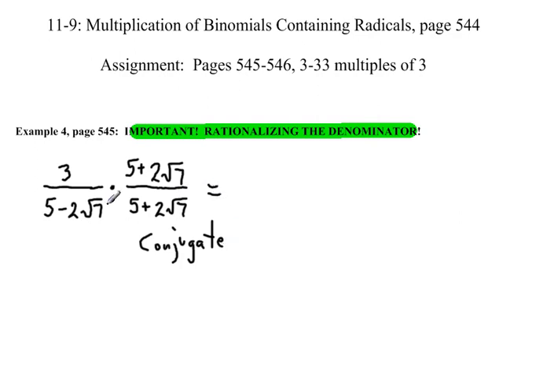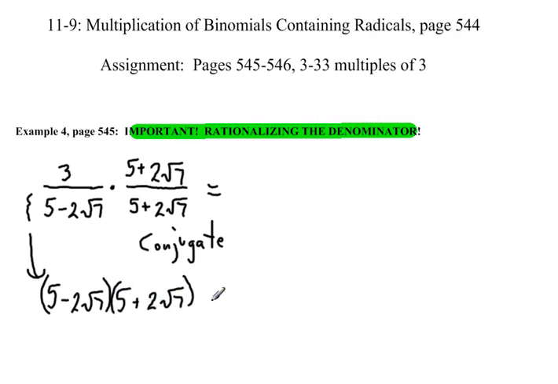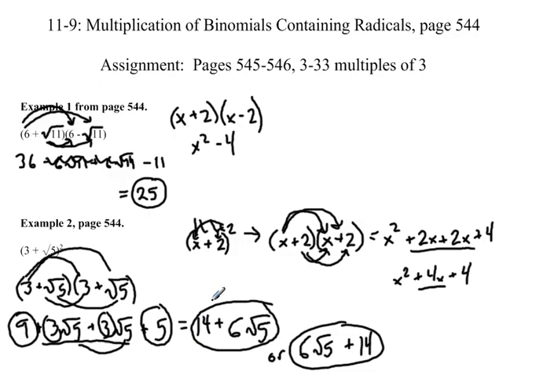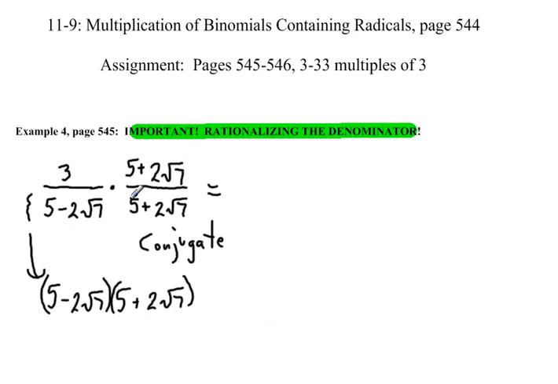All right, what this creates is we pull the bottom part of this out. I have 5 minus 2 square root of 7 times 5 plus 2 square root of 7. Now back in our previous example page, right here, example 1, that's where our middle terms canceled. That same exact thing is going to happen right here.